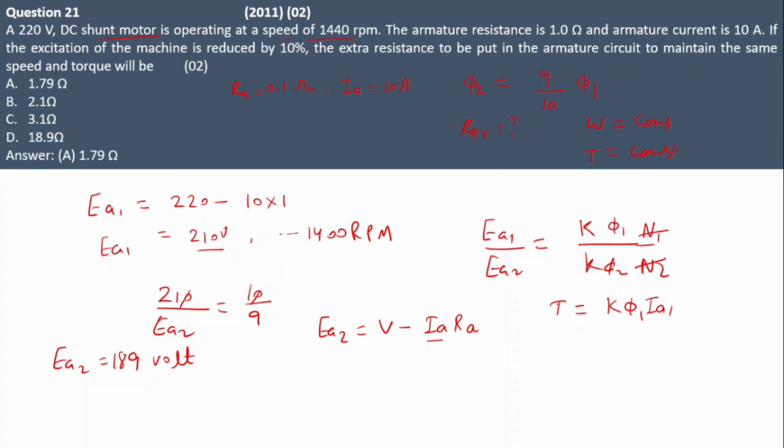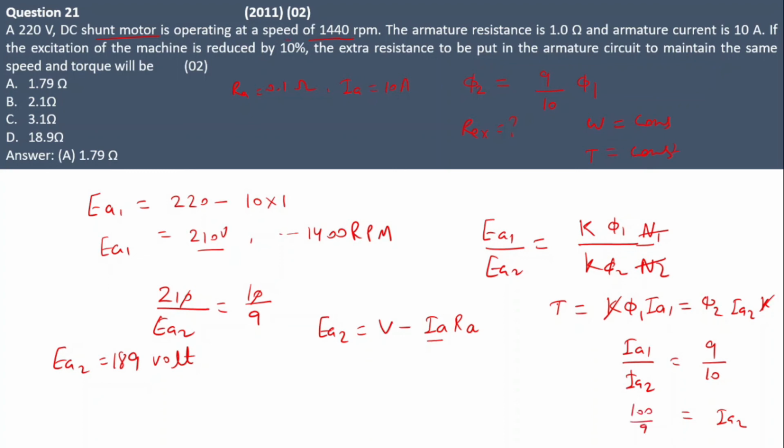Torque is constant, so you can say K phi2 Ia2. So you will get the relationship between Ia1 and Ia2. Ia1 by Ia2 equals phi2 by phi1, which is 9 by 10. Ia1 value is 10, so Ia2 will be 100 by 9.